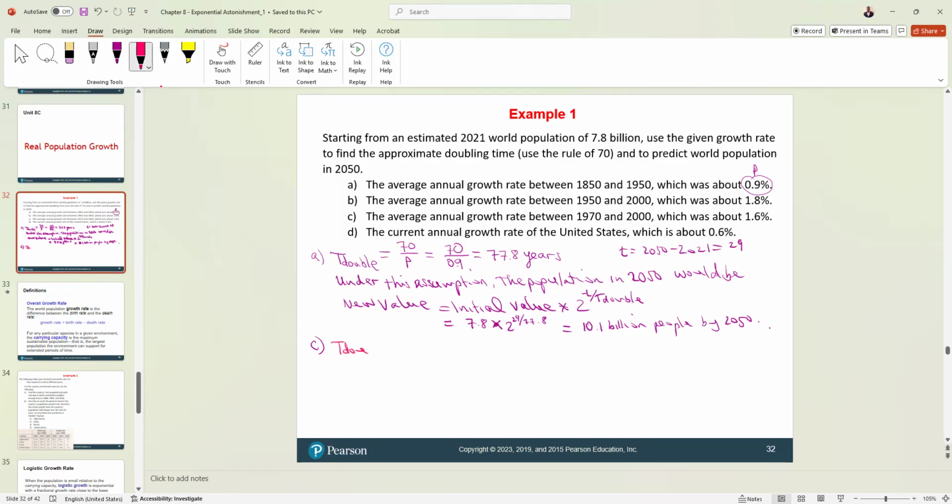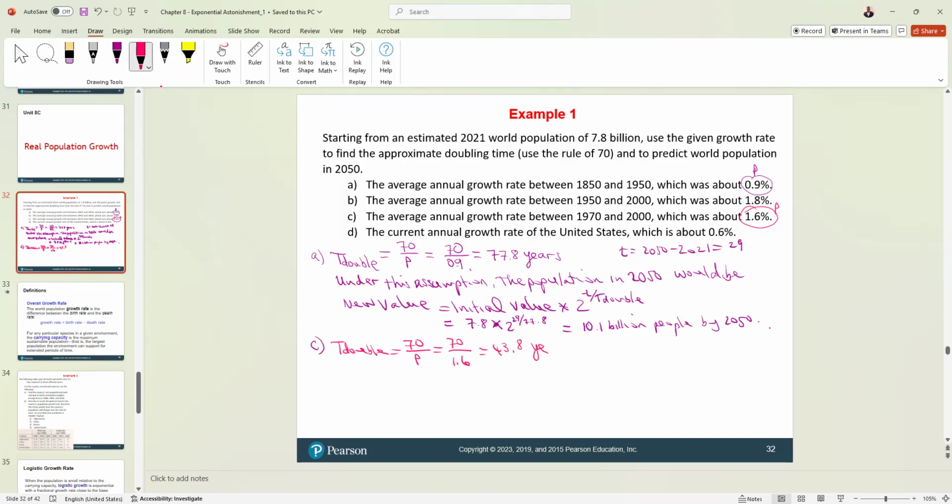First of all, you need to find the doubling time. T double would be, remember, if you use the rule of 70, you already know what this one is. That's P. Okay, 70 over 1.6. How long would it take for this population to double?